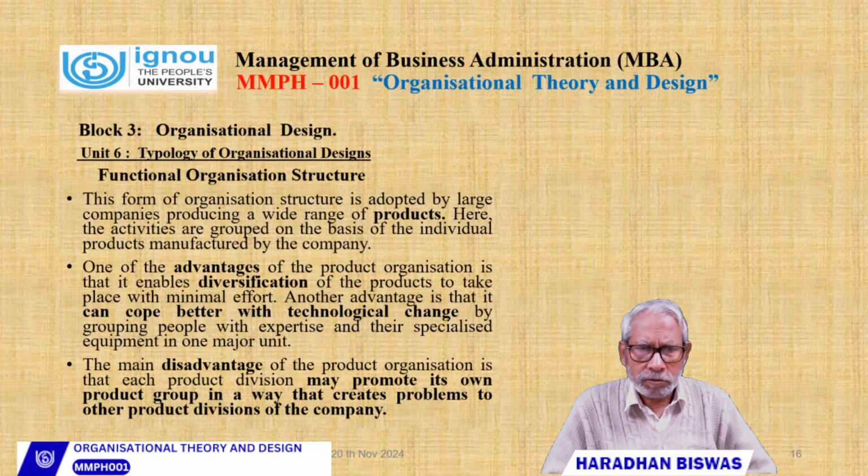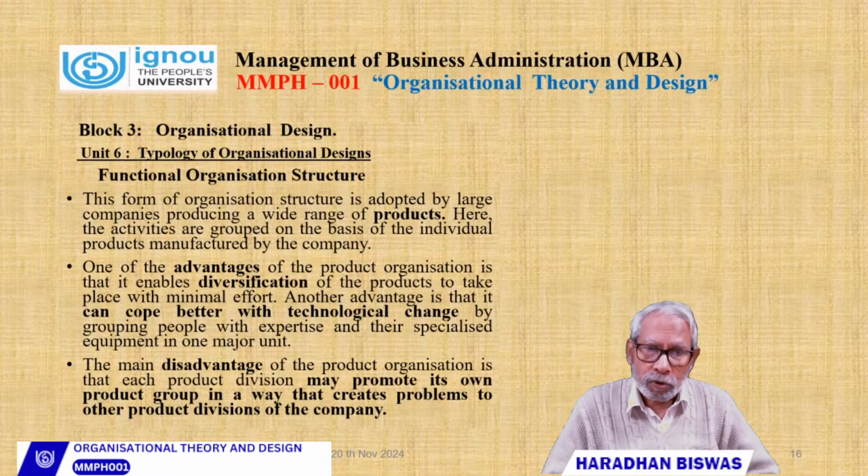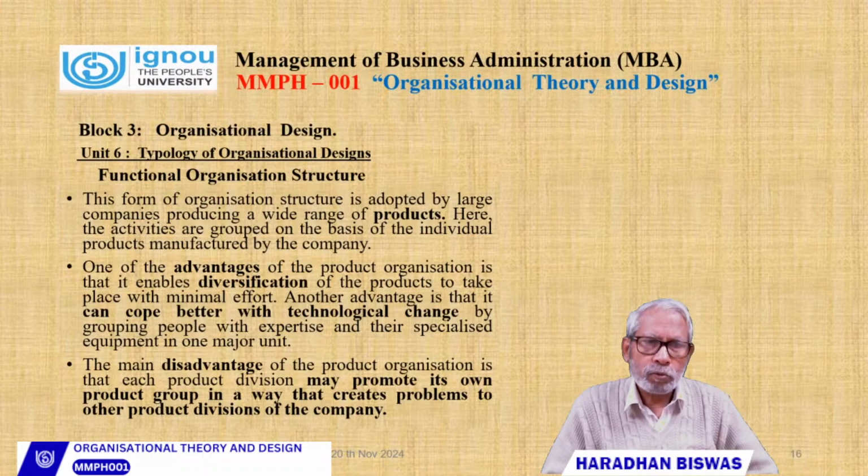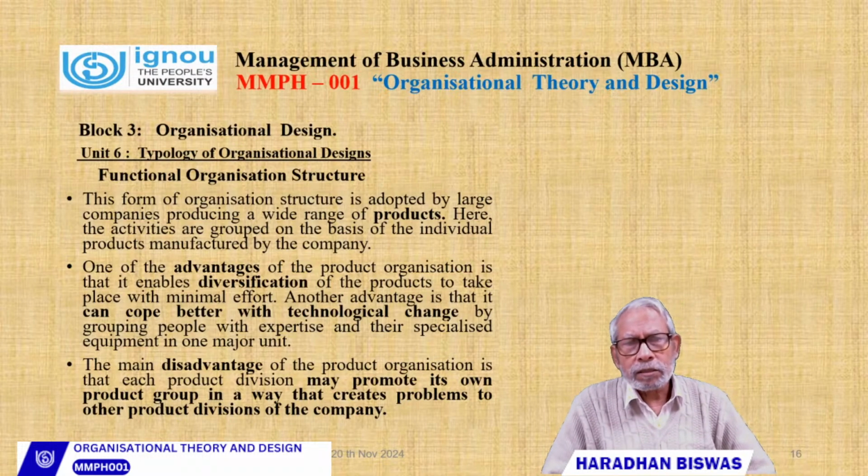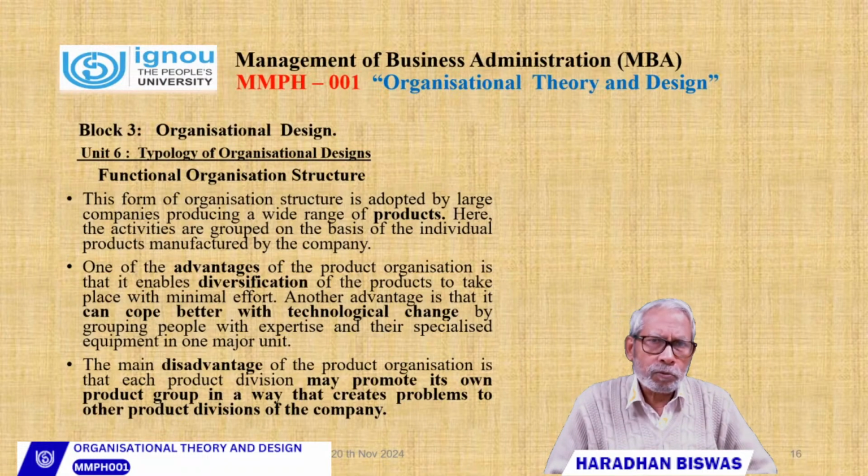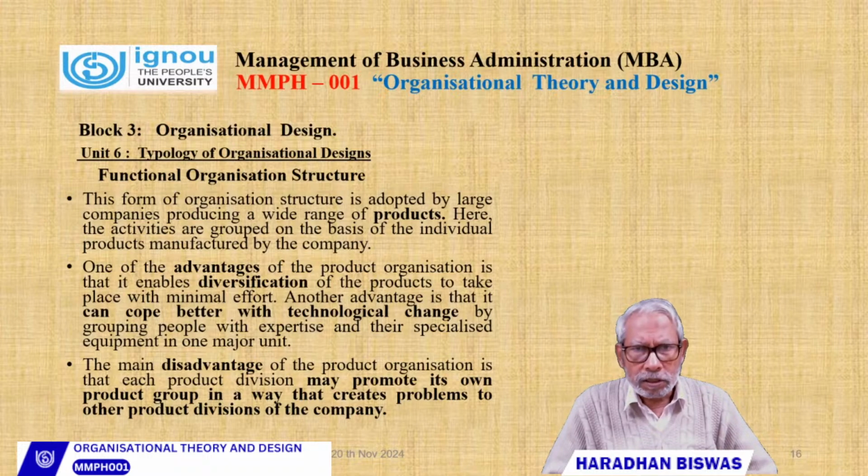The main disadvantage of the product organization is that each product division may promote its own product groups in a way that creates a problem, because if it is an individual product with limited things, they can promote them.